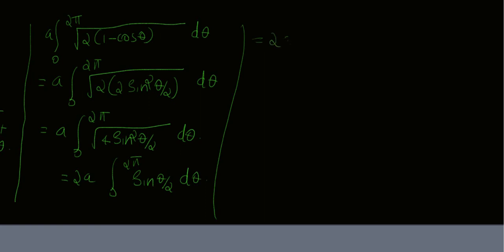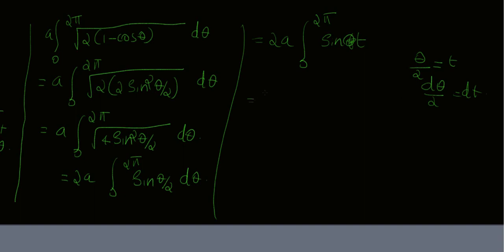Which implies 2a into the integral 0 to 2 pi of sin theta by 2. I am converting this as sin t. Theta by 2 is equal to t. Then d theta by 2 is equal to dt, so d theta equal to 2 into dt.